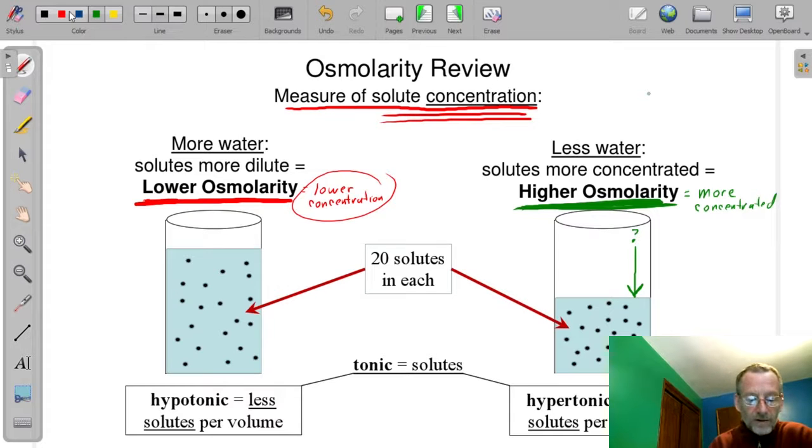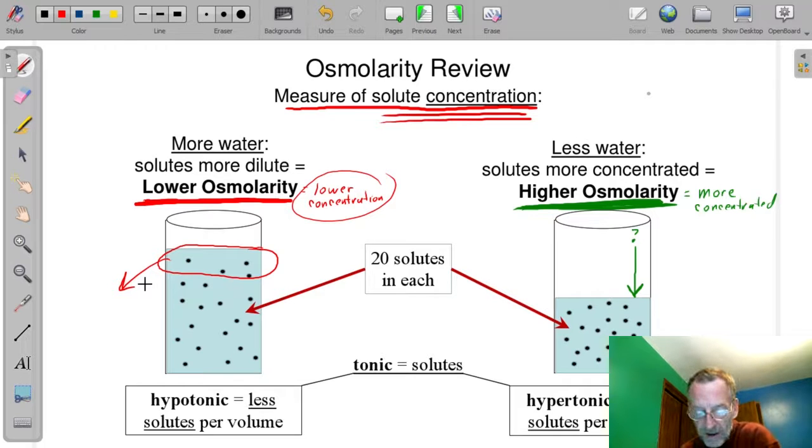That would be equivalent to taking off this much, let's say. The question is, would that change the osmolarity? It would clearly change the volume, but the concentration would still be the same. In this picture on the right, we haven't lost any of the solutes like we would have on the left. All we've lost is the water, so they have become more concentrated.